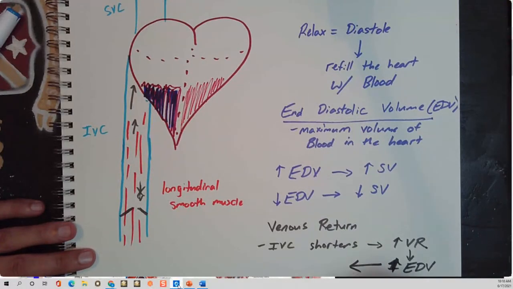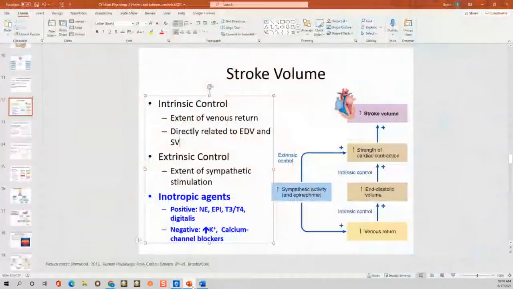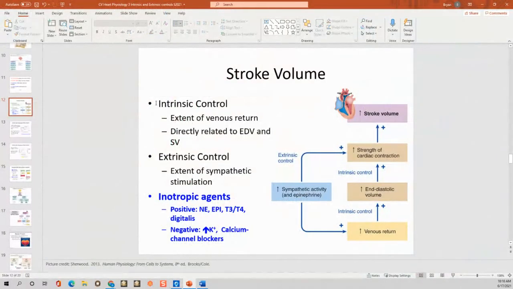Increase, decrease, no change. Which is exactly what's going on here. We have an intrinsic control. How much venous return is returning to that heart? The venous return has to do with the EDV, and as EDV changes, it changes the stroke volume. More blood in, more blood out.